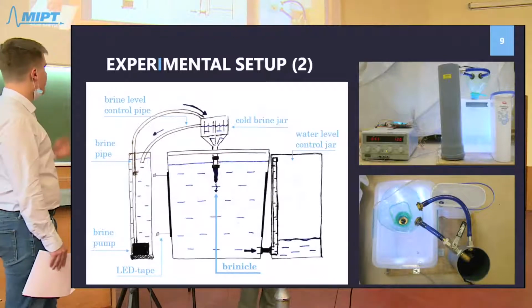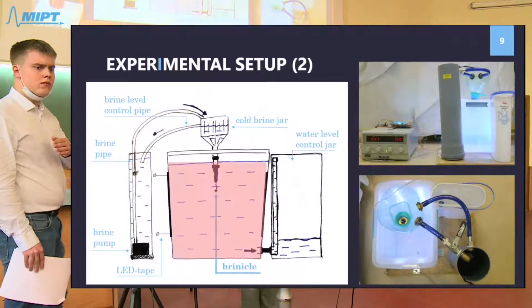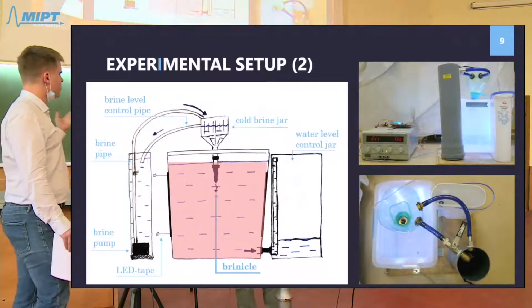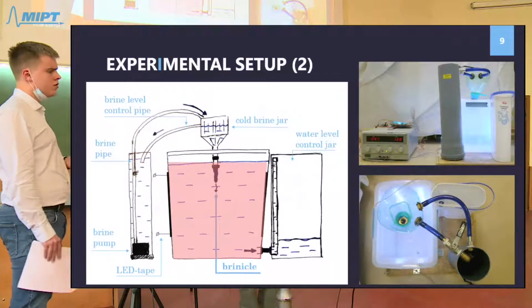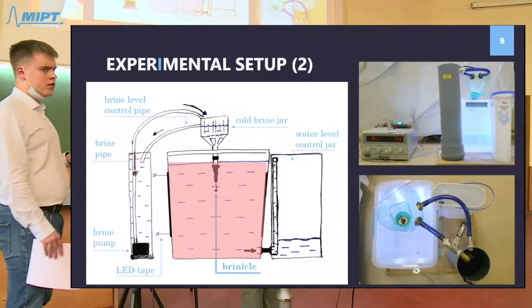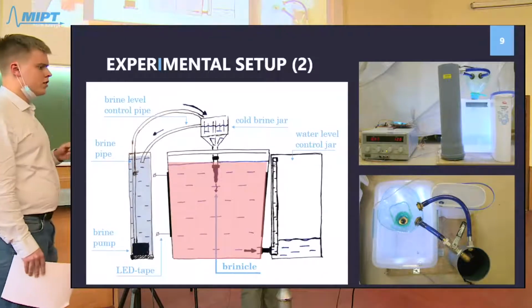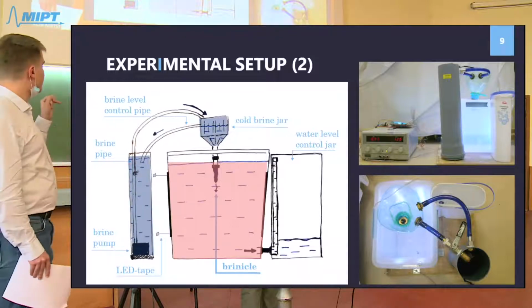We have a main tank with cool brine at about -4 degrees Celsius. The funnel is on the top, and there is another reservoir with cold brine.